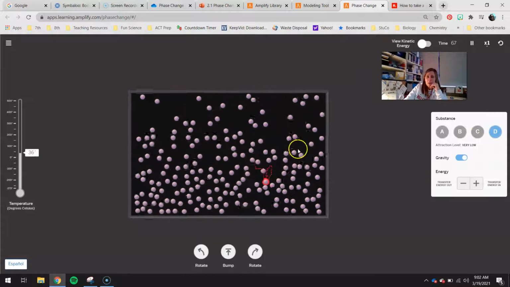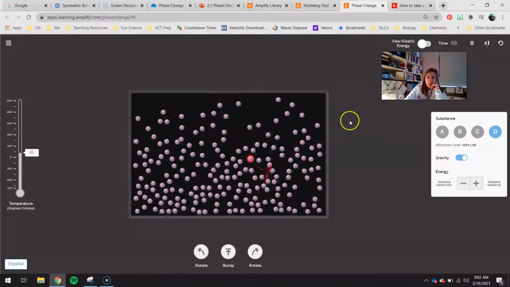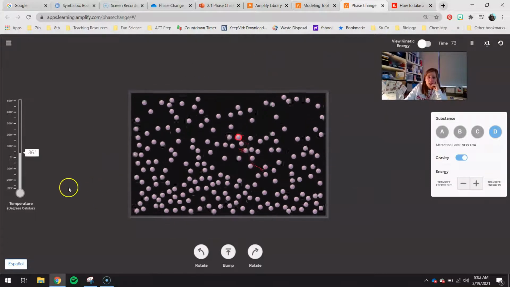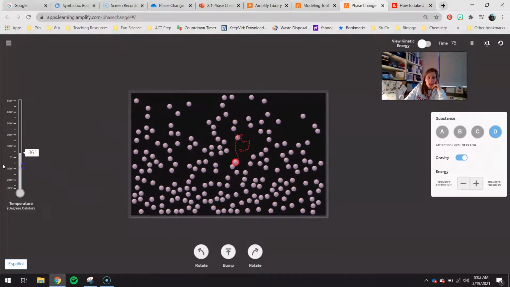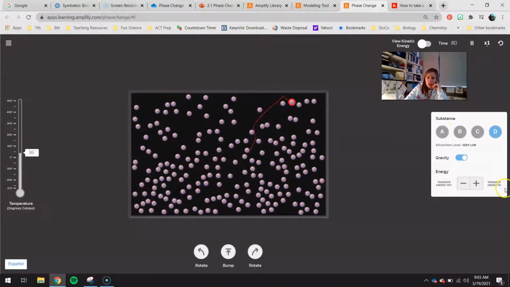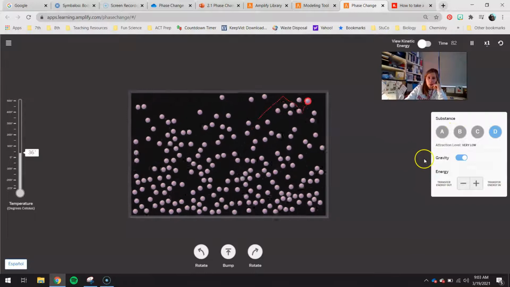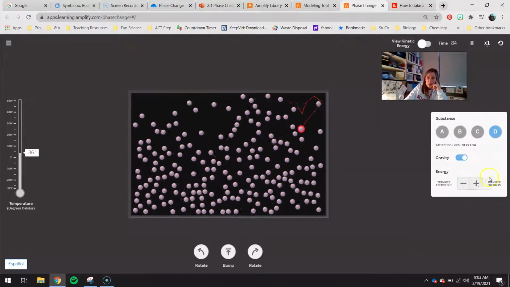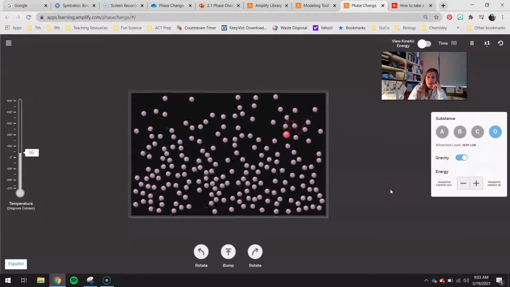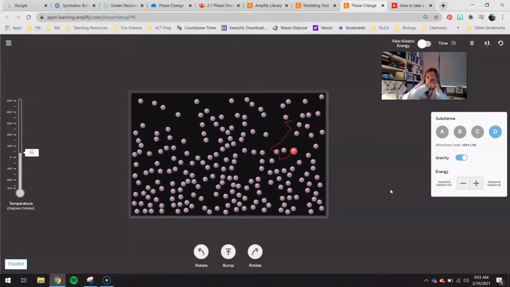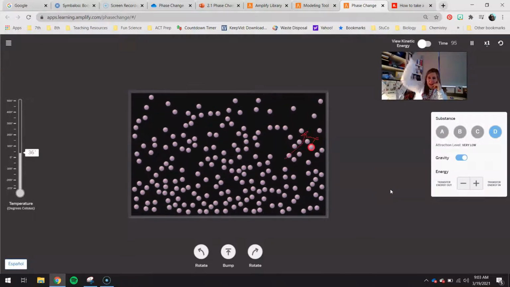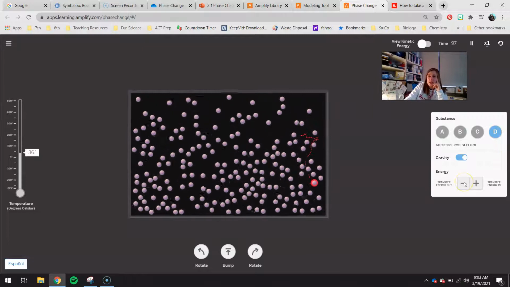And then we're going to manipulate this in the sim to turn it into a liquid. So think about what we need to do to turn this into a liquid. We can't come over here and change the temperature, okay, but we can change the amount of energy. So should we add energy, transfer it in, or should we take away energy and transfer it out? Okay, when those gas molecules in these hot deserts move upwards, they cool down and lose their energy, and that's what turns them into a liquid.